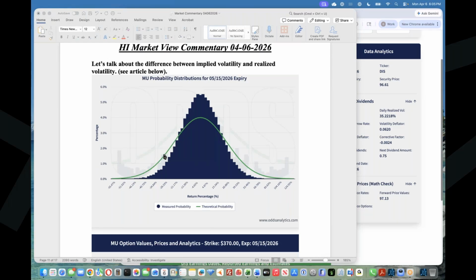So this represents the current option pricing and what the market is expecting, the green line, and the blue histogram in the back is telling us what the actual distribution of the stock has been in the past. This looks back, going back 4 years is what I use typically. So my statistics professor beat into me that you have to have at least 1,000 data points to have reasonable statistical information.